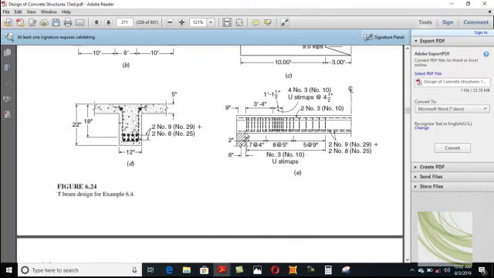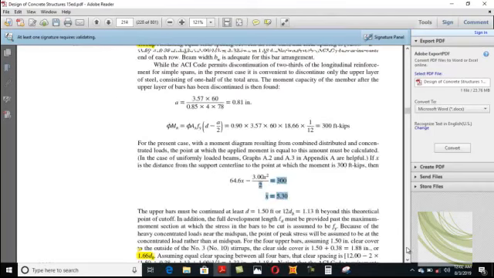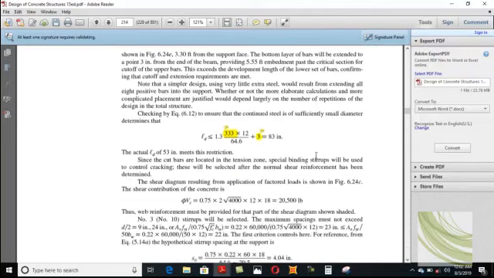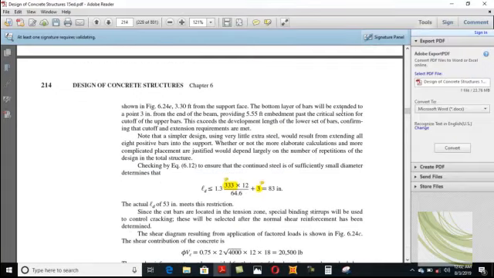Although they continued it for a distance of 6 inch, they say here in this sentence, basically, that the bottom layer of bars will be extended to a point 3 inch from the end of the beam, providing 5.55 feet embedment past the critical section of cutoff of upper bar.